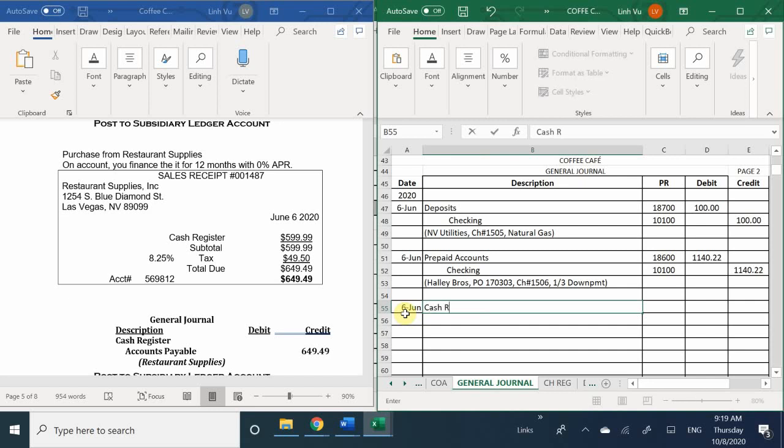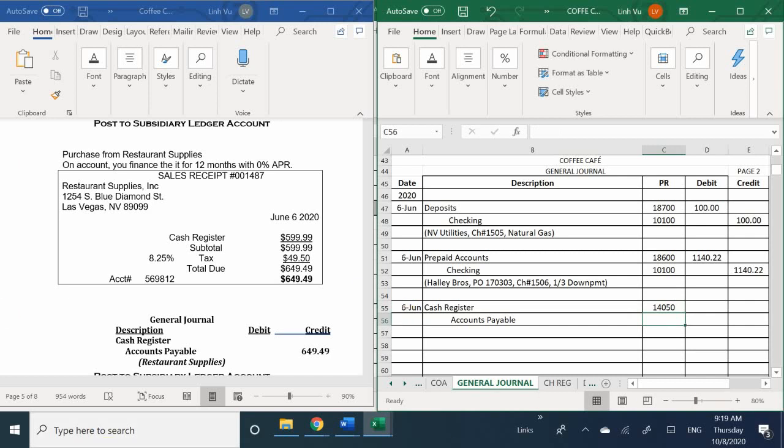So I have a cash register. All right. And this time I am putting it on accounts payable. And my cash register was 14050.